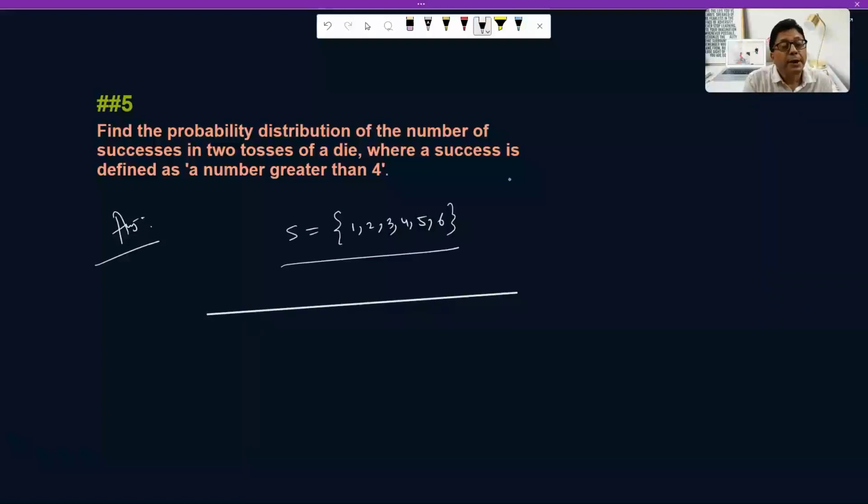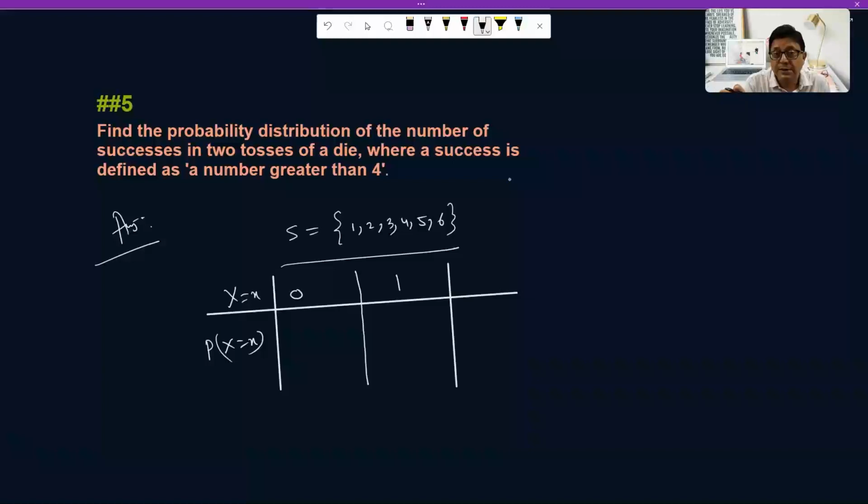Why? If we start writing the value of the random variable here, then you can get a number greater than 4 twice, you can get it once, and you may not get it at all. So this x value may be 0 when you are not getting it at all, 1 when you got it once only, and 2 when twice. Now the probability of X equal to x you have to write here.